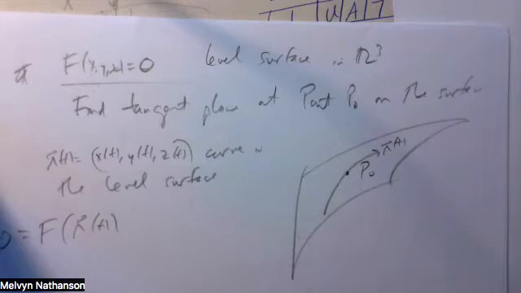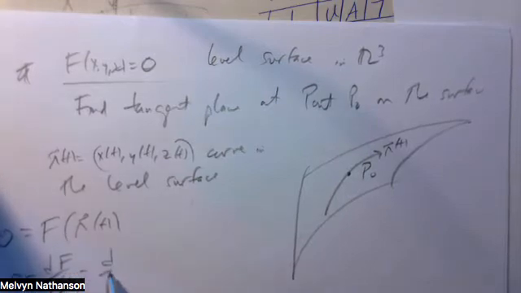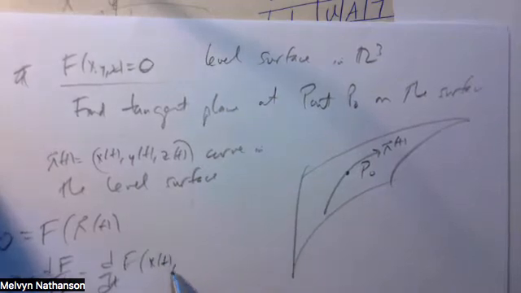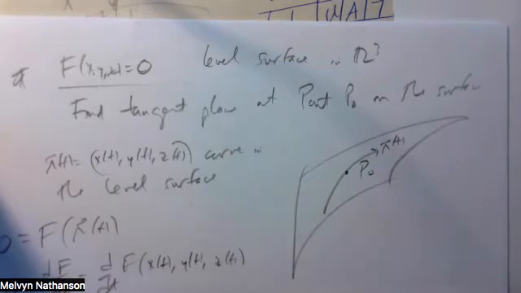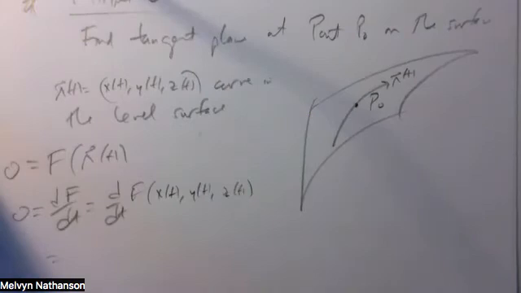So if I take the derivative of F with respect to t, that's the derivative of a constant function, 0. But this is the derivative with respect to t of F of x of t, y of t, z of t, and I can also compute the derivative by using the chain rule.